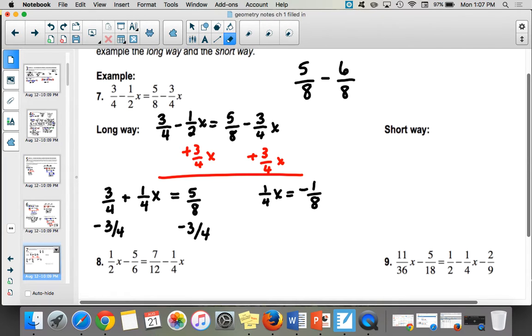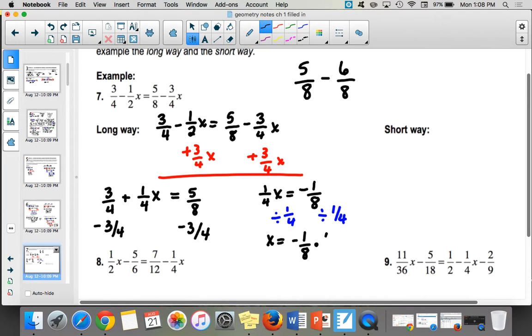And then the last step is I have to divide by 1/4. So divide by 1/4, divide by 1/4. Dividing by 1/4 is the same as multiplying by what number? 4/1, right? So I'm dividing by 1/4, so I'm multiplying by 4/1. And then it reduces out, so I get negative 1/2 because it was 4/8.